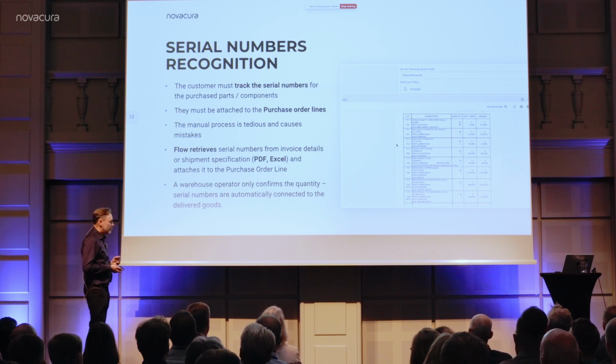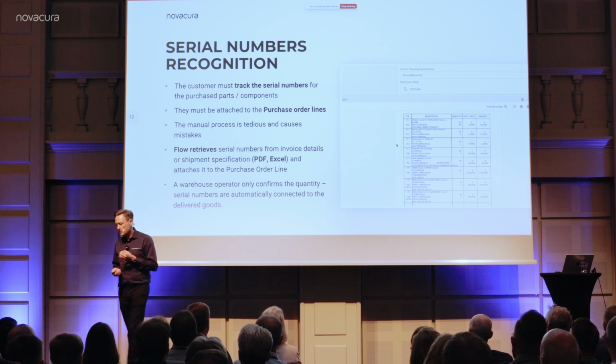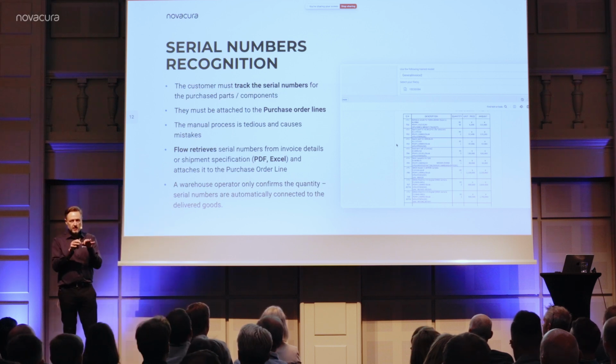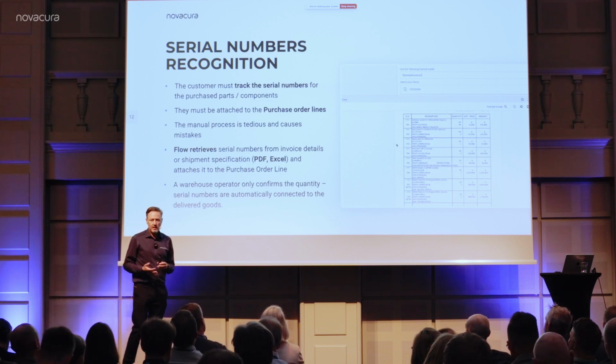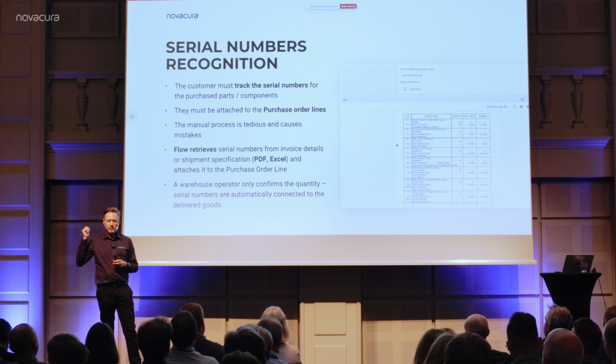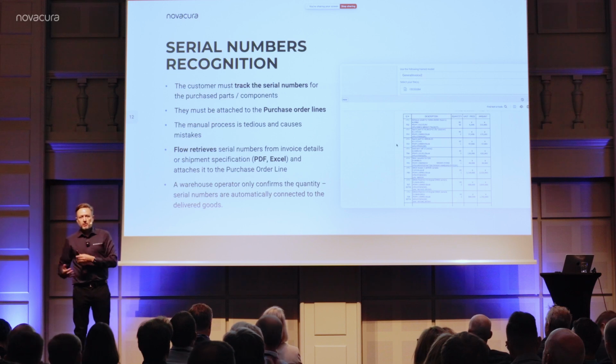And with that, you eliminate a lot of manual work, because normally the customer had to first enter all the serial numbers manually to the system, directly in the ERP system, and then the warehouse operator was able to report that the delivery that just came should be mapped onto these values.